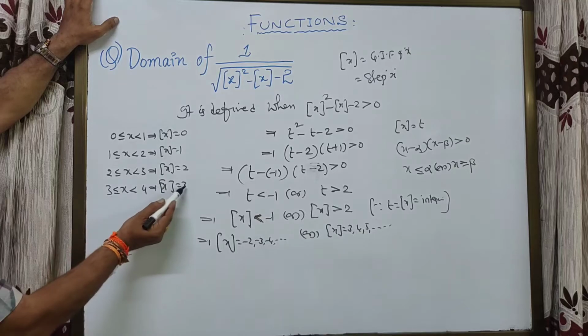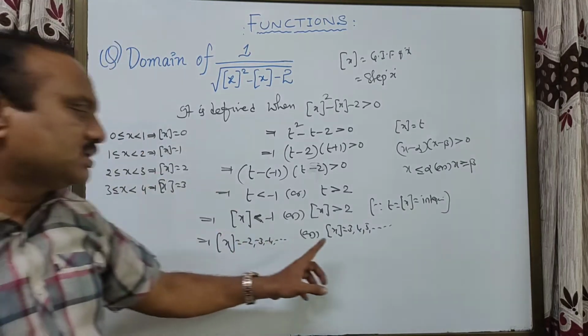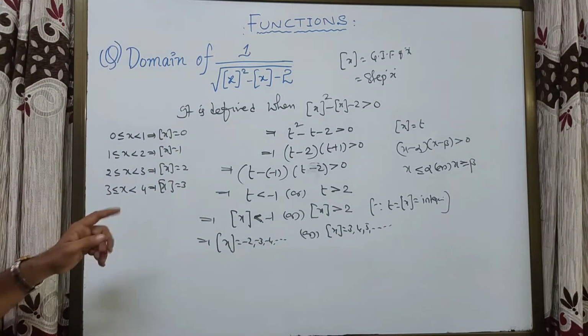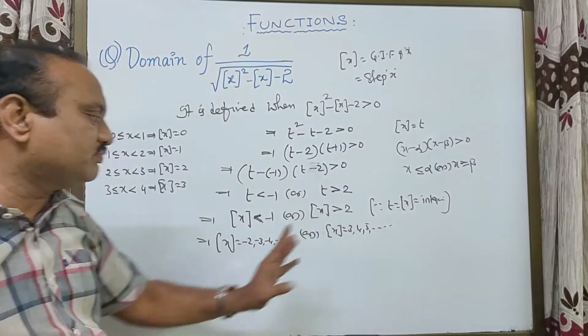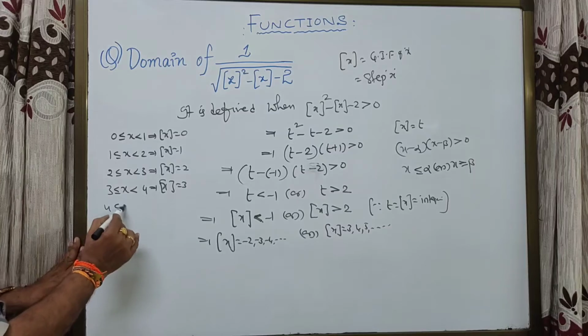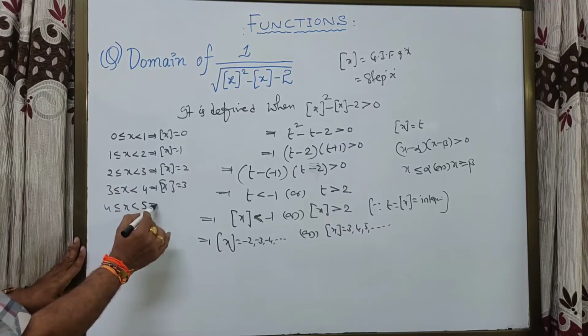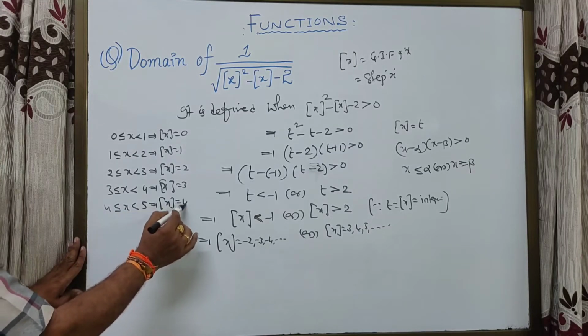When does step x become 3? Step x becomes 3 when x lies between 3 and 4. Step x equal to 4 when 4 less than or equal to x less than 5.